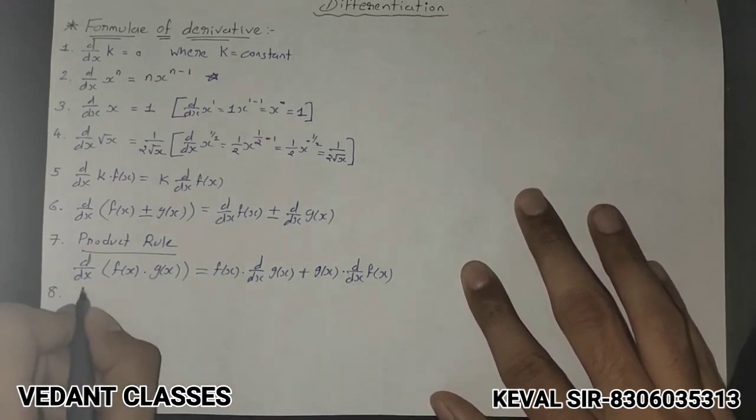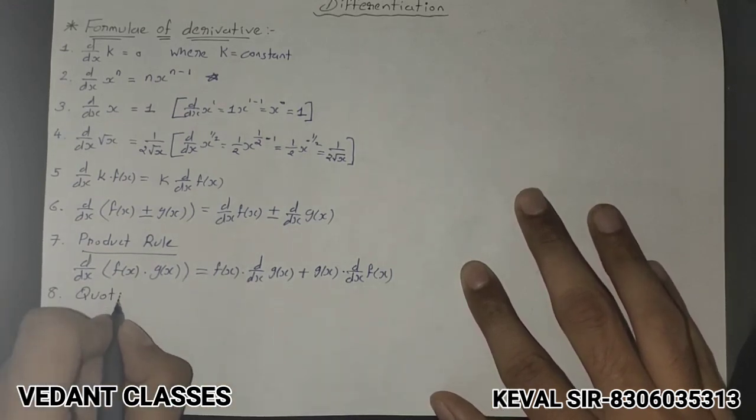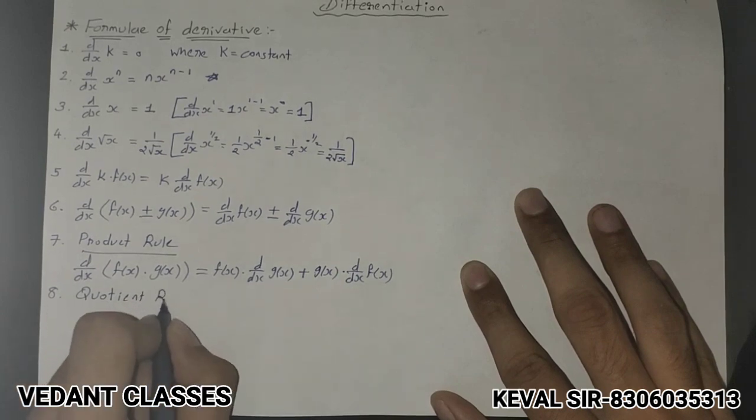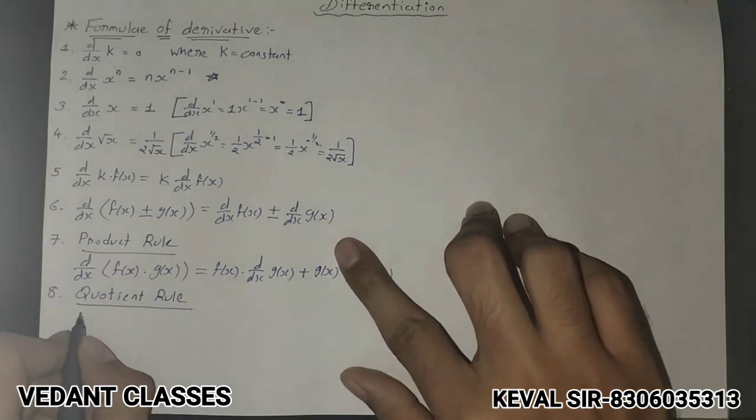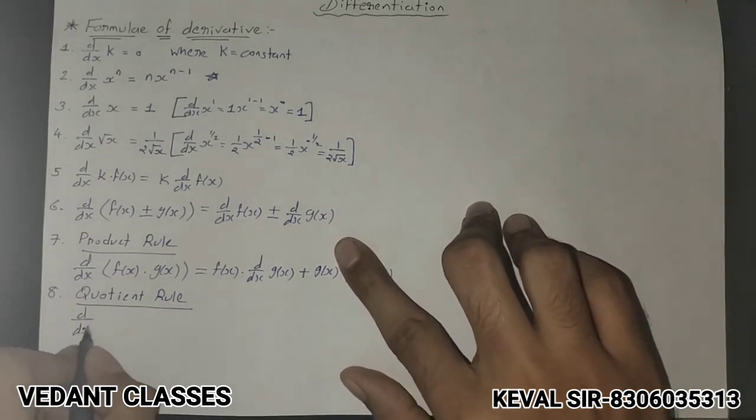Again, each rule is important. The next is called the quotient rule. In this case, d by dx of f of x upon g of x.